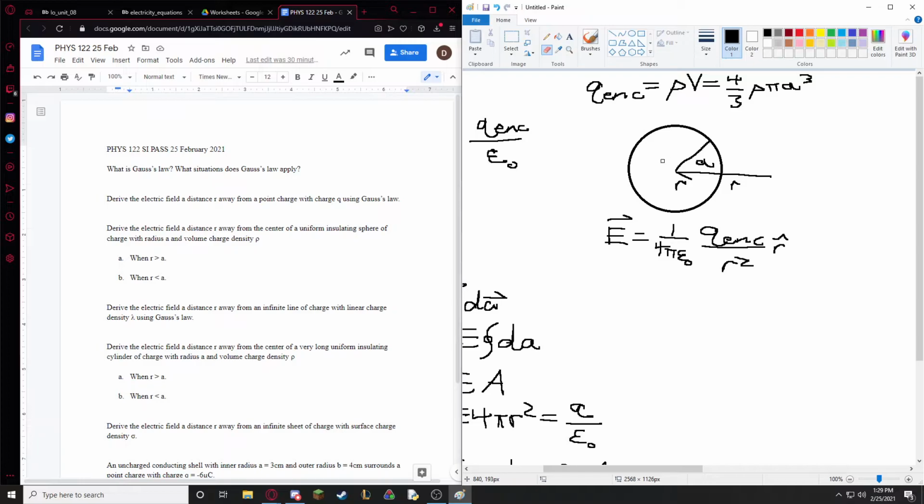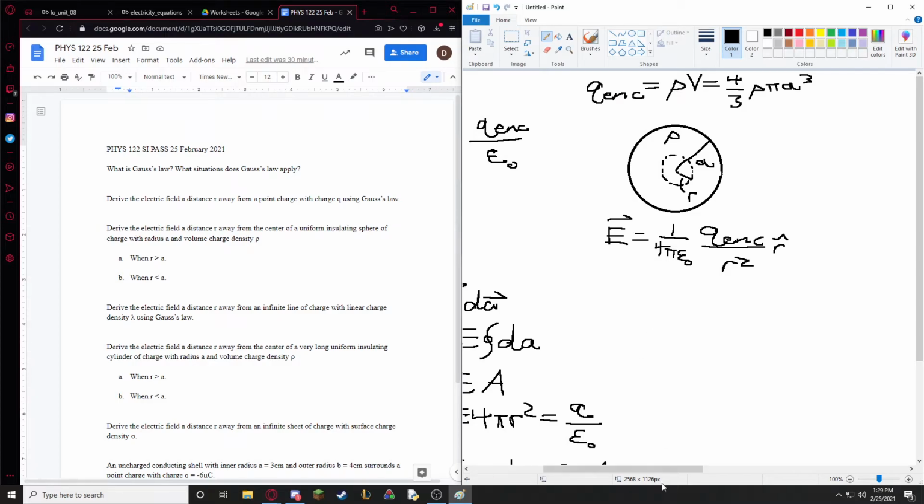Exactly. So I'm going to erase that so I have a bit more room to work with. We're going to draw our Gaussian surface inside A. Let's say this is our radius r. We draw our Gaussian surface in here. Our Gaussian surface is a radius r inside A. And we know how to solve our integral of E dot dA, right?